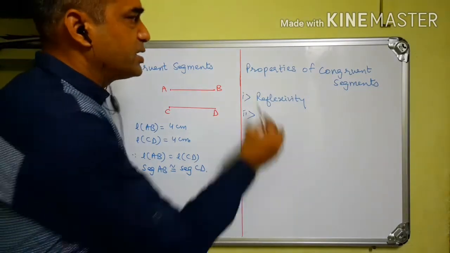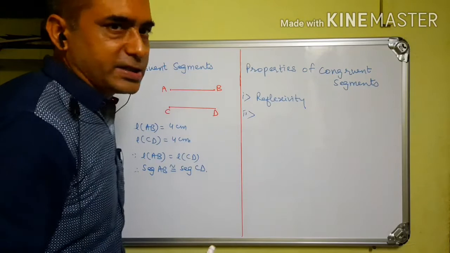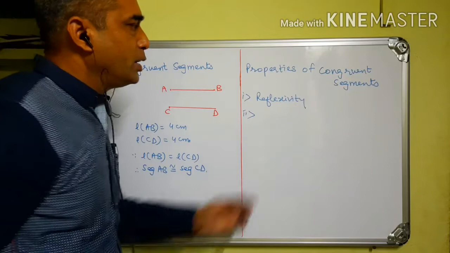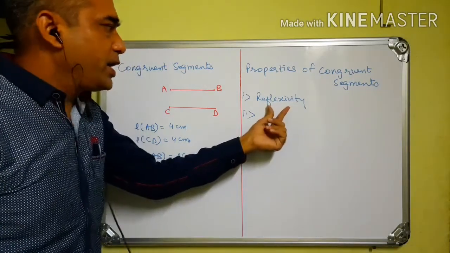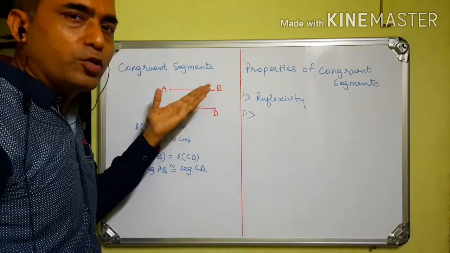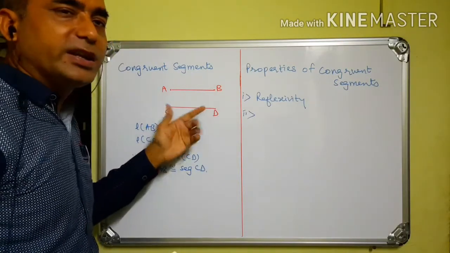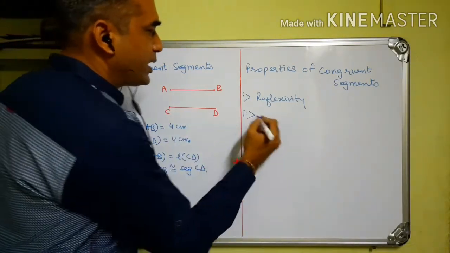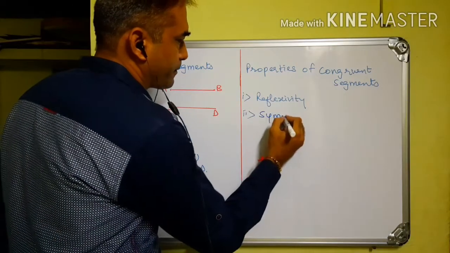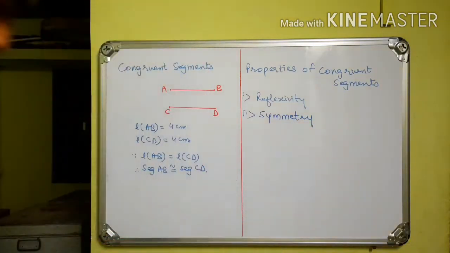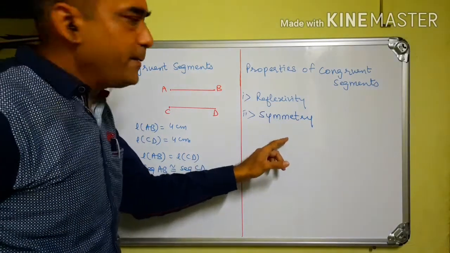Now the next topic is properties of congruent segments. The first property is reflexivity. As per this property, every segment is congruent to itself. So segment AB is congruent to segment AB itself, segment CD is congruent to segment CD itself. Second property is symmetry.